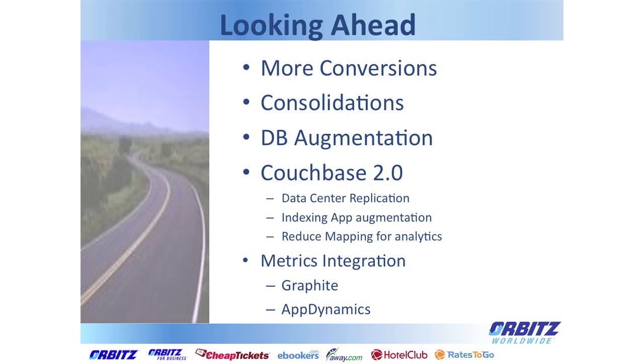And then metrics integration. As you saw with Graphite, we're able to take that information, store it offline, and refer to it for as long as we want to keep that data. And another product, AppDynamics, that we're currently using, gives us insight into our entire stack. With the ability to turn on an HTTP listener on the client installed on our Couchbase nodes, we're able to use the REST API, collect all the statistics that we want from Couchbase, and throw them into AppDynamics.